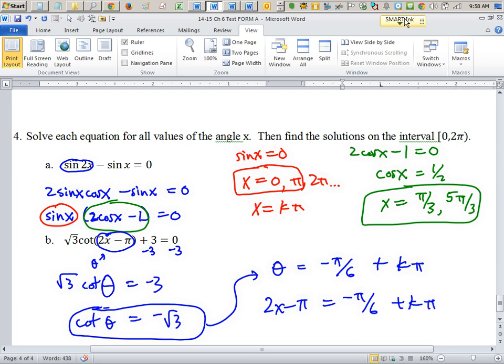You're going to be adding pi over 6, which makes this a 5 pi over 6, and dividing by 2, which gives you 5 pi over 12 plus pi over 2 k. And then you can plug in values of k, like you can plug in 0 and 1 to get a couple answers that are between 0 and 2 pi.